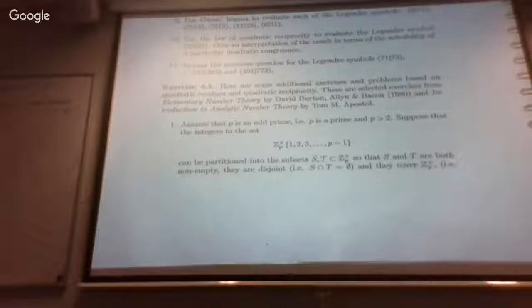And if you take for every T1 in T, an S1 in S, you take one from each, you take the product, you get an element of T.